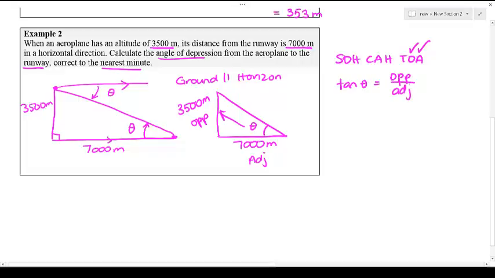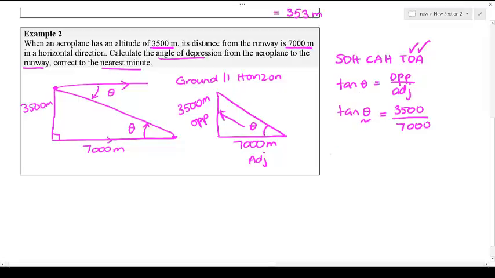So we're going to substitute all our values into tan theta is equal to opposite on adjacent. Theta remains the same because we're solving for that angle. Opposite is 3,500 and adjacent is 7,000. So our ratio should be tan theta is equal to 3,500 over 7,000. We're solving for theta, so we need to get rid of that tan.